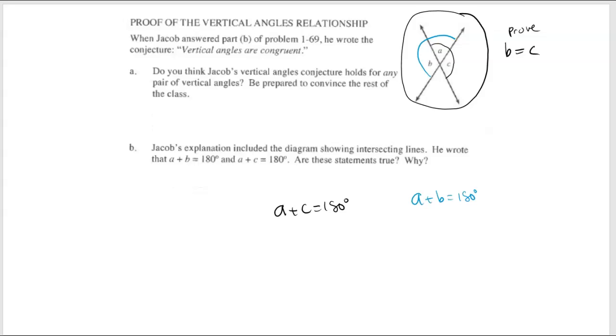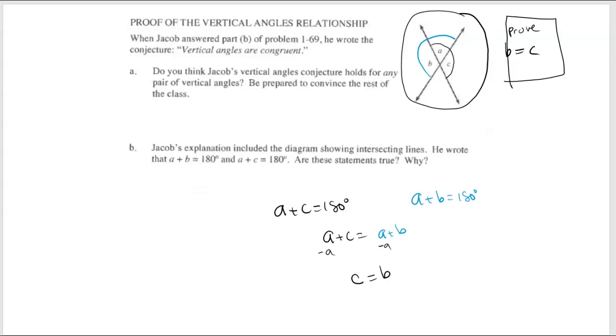They also have the letter A in them too. So I'm going to use my system of equations, and I'm going to say that A plus C is equal to A plus B. All right, so I took away the 180s. Now notice that if I subtract A from both sides, C is equal to B. And that's exactly what we wanted to prove right there.